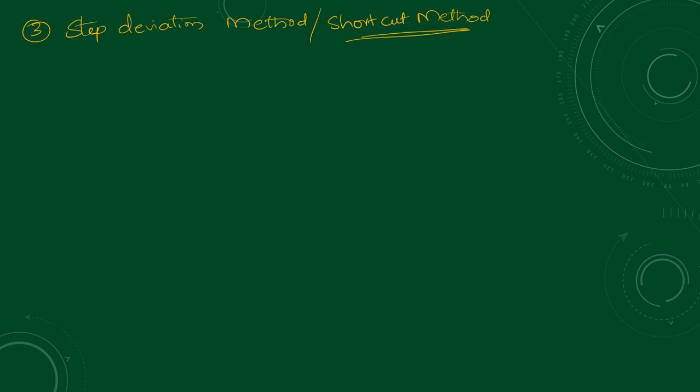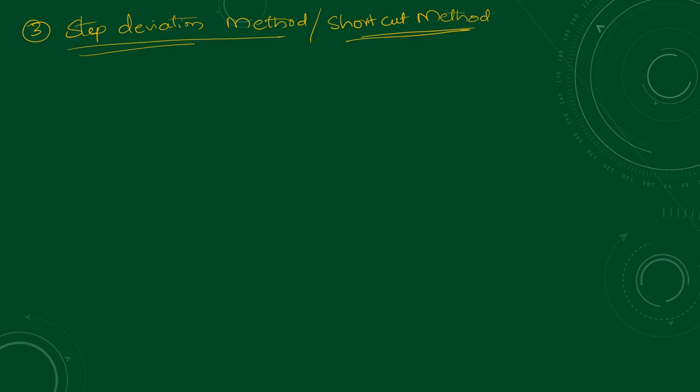Next, moving on to the third method, which we call the step deviation method, or simply the shortcut method. This shortcut method is applicable for large values.